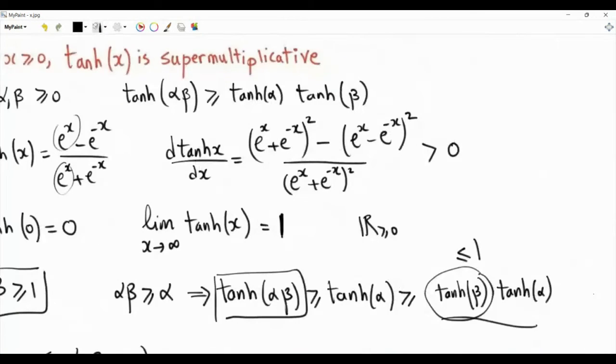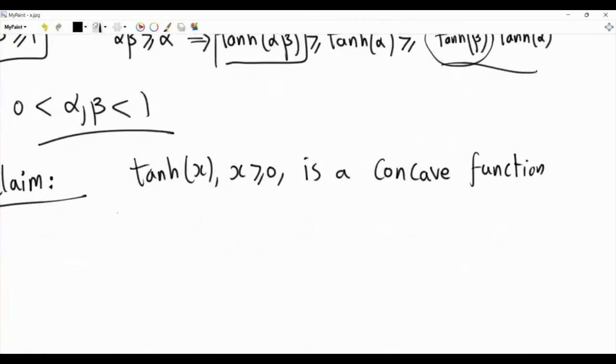We have the first derivative, and if we simplify it, the term in the numerator is exactly what we have in the denominator. So that's 1 minus e to the x minus e to the minus x squared over the denominator here. This is exactly the square of the tangent. So the first derivative is 1 minus tanh squared x. Now, what is the second derivative?